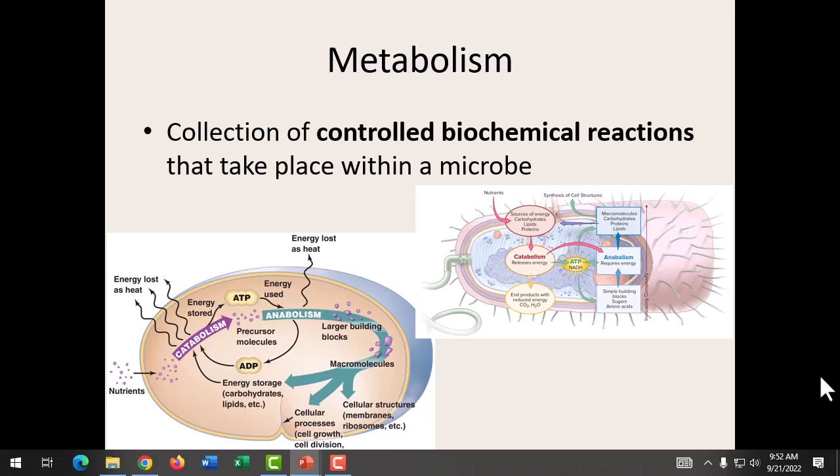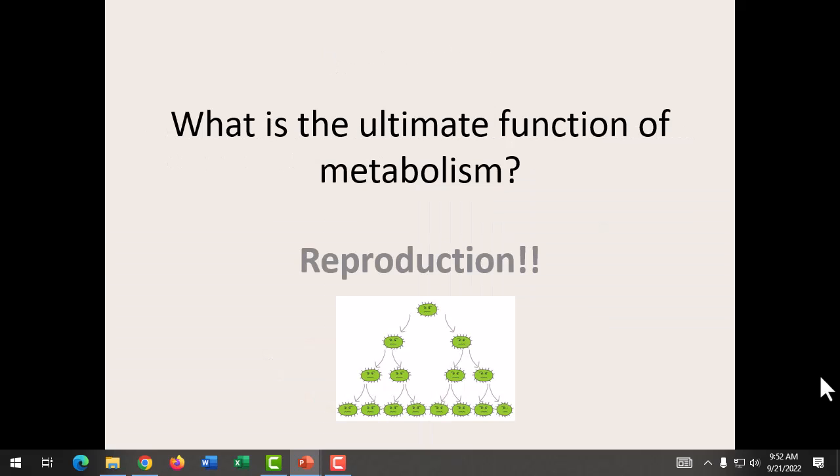If someone says they have a very fast metabolism, it just means all that breaking things down, building things up, happen very quickly and usually a little more efficiently. All it means. All the chemical reactions that are taking place. Now, the ultimate function of metabolism, of breaking stuff down and building things up, if you're a bacteria, is just to reproduce. They have to break down nutrients that they need so that they can just grow and divide.